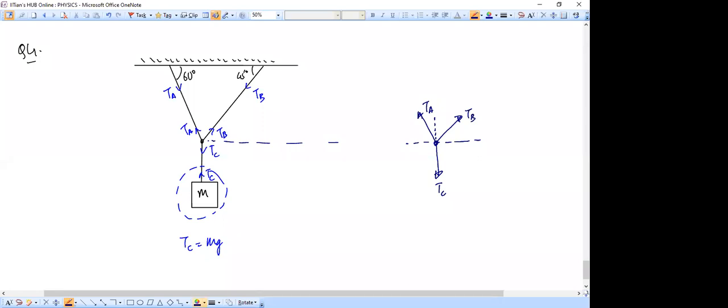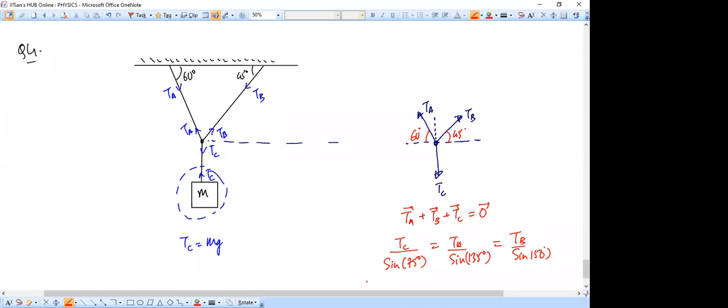This angle is 60, this angle is 45 degrees. So use Lami's theorem. TC upon sine 75 degrees should be equal to TA upon sine 135 degrees, and that should be equal to TB upon sine 150 degrees.